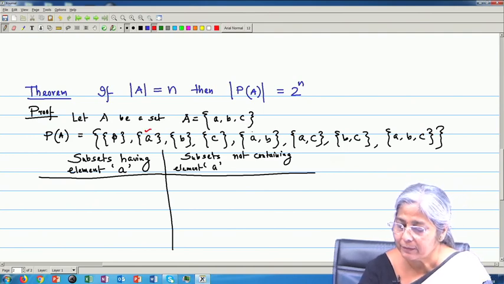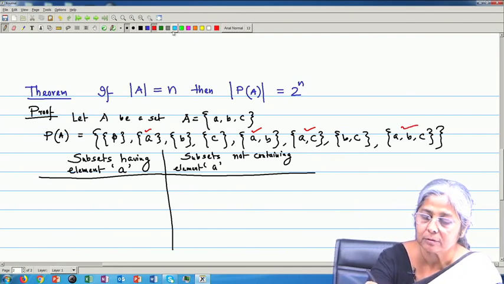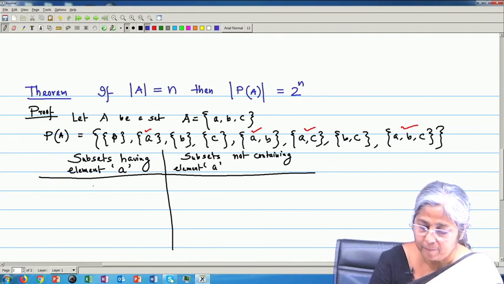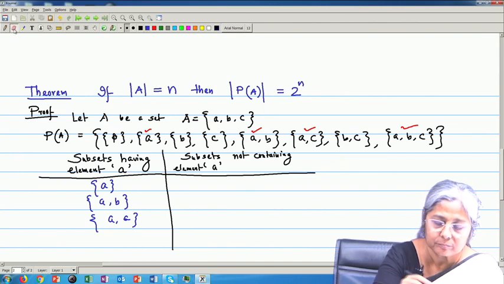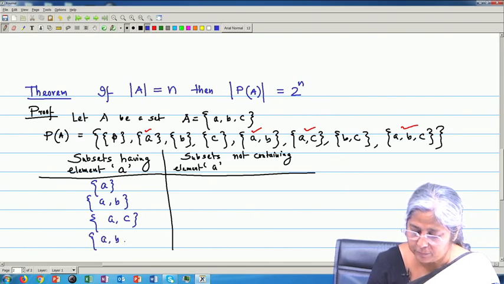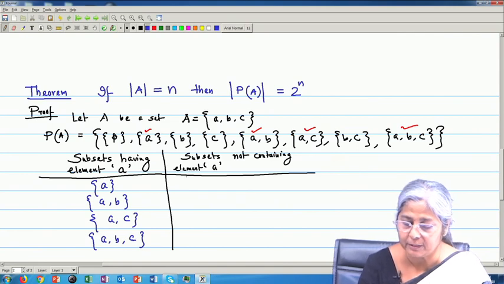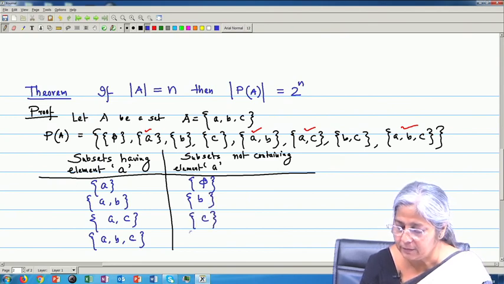These are A, AB, AC and ABC. These are the four subsets that contain the element A, and the remaining do not contain the element A. One is the null set, then B, C and BC.